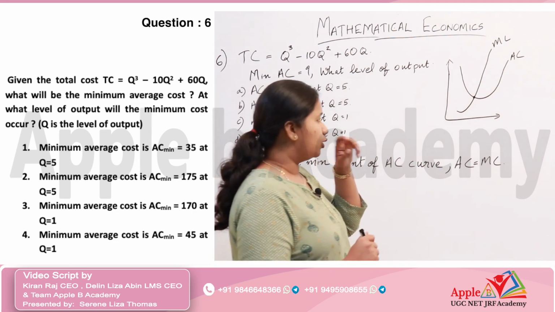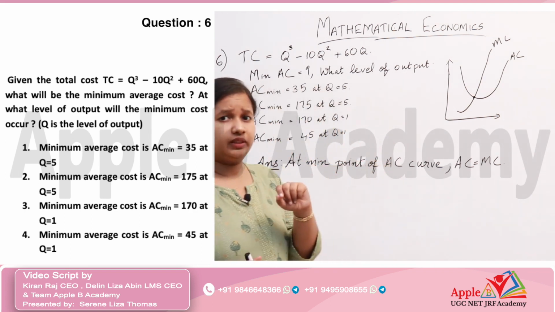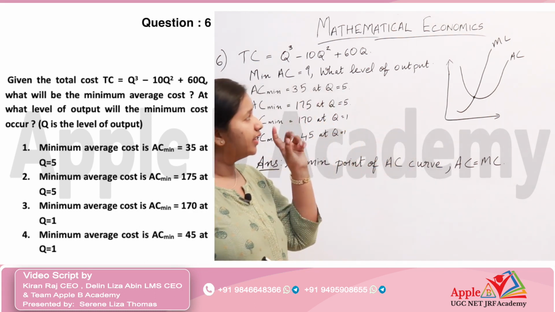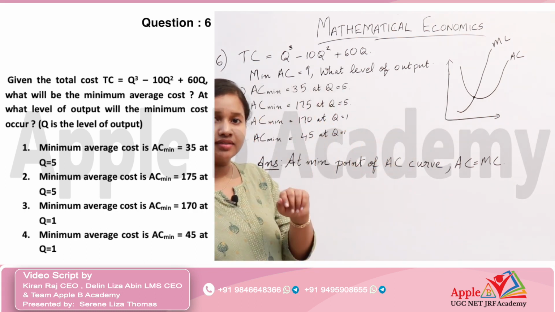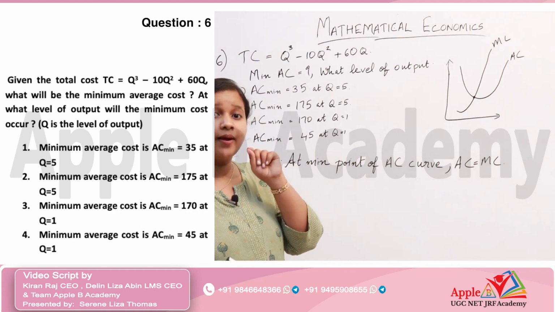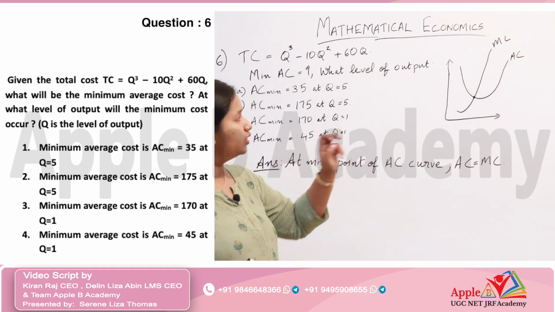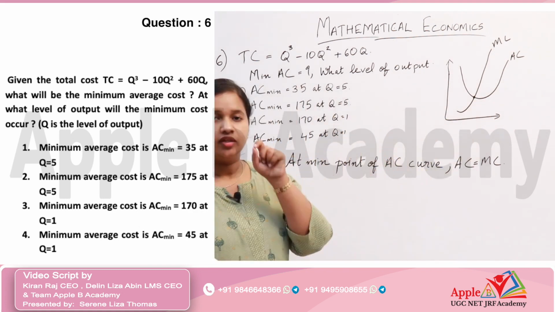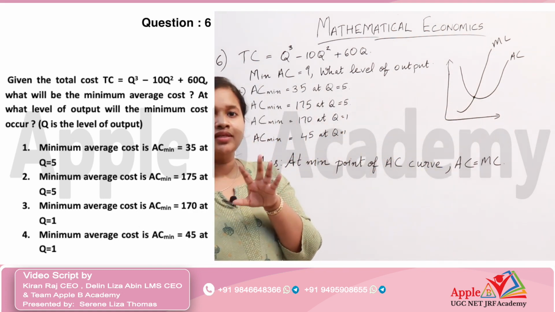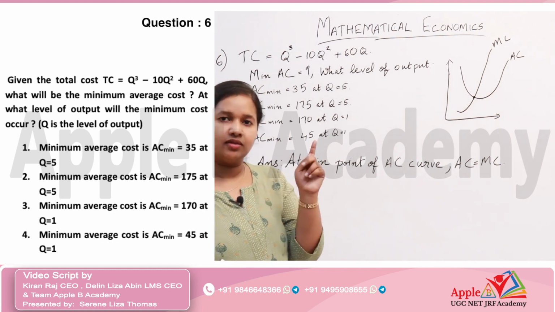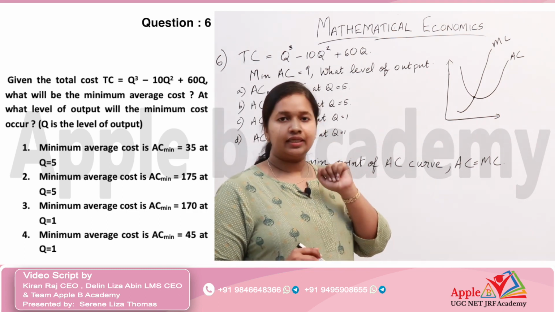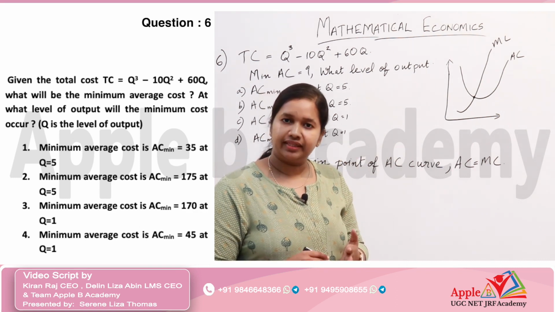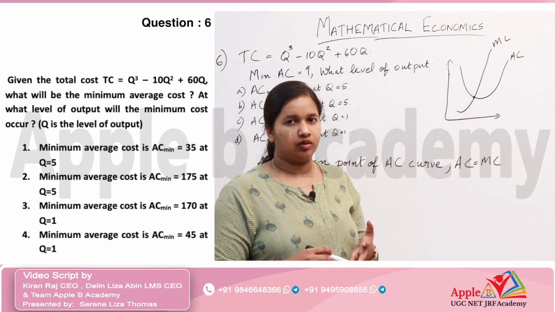Now let's solve this. We know that when you draw this graph, the marginal cost cuts the average cost at its minimum point. So at that point MC is equal to AC. In this question the total cost is given, so from that we can find the average cost and the marginal cost.